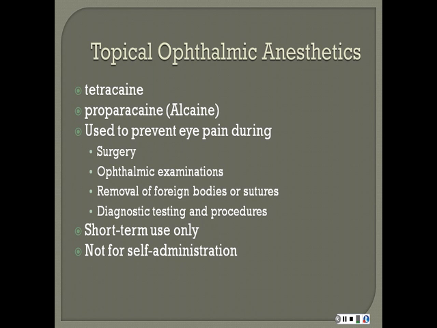So it can be used to help control pain for these eye injuries or when they have a foreign body. They can be used for diagnostic testing and procedures. They're really for short-term use only, and they are not recommended at all for self-administration.